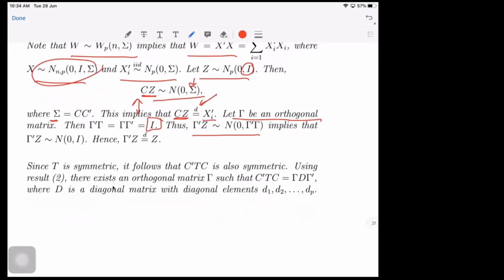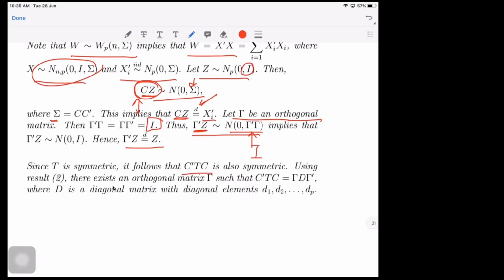So T prime Z is also normally distributed, with covariance I. So we see that Z, with this distribution here, will have a similar distribution as T prime Z. Since T is symmetric, it follows that C prime T C is also symmetric.